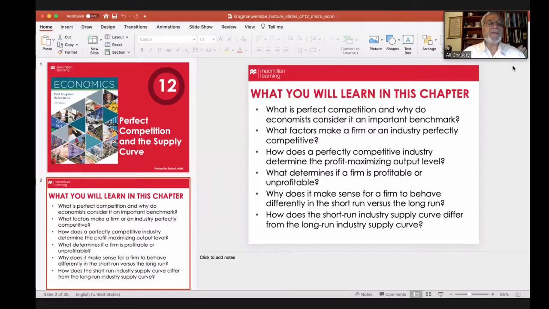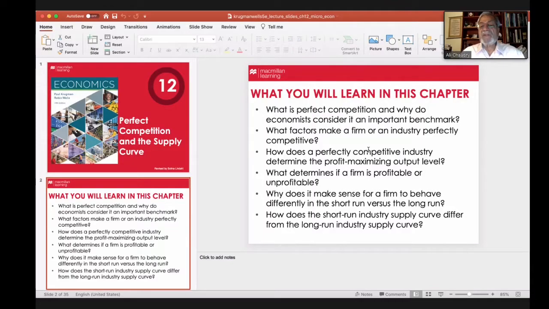When economists refer to perfectly competitive markets, we will learn about the characteristics of such a market. Second, we'll be specific about what specific factors make a market competitive and distinguish it from others that are not competitive.